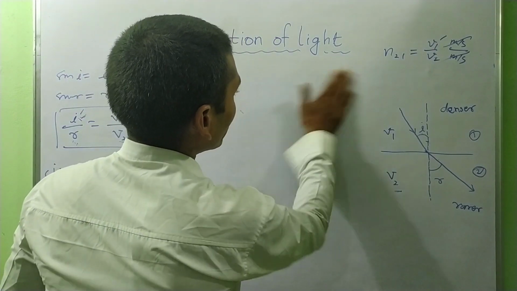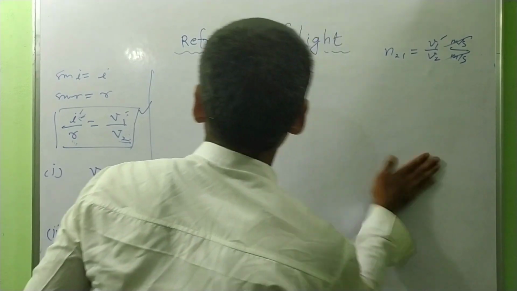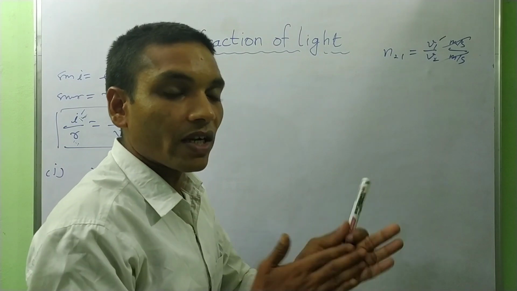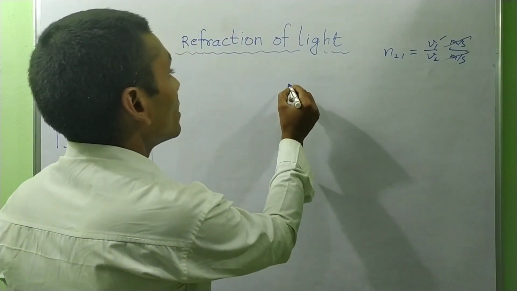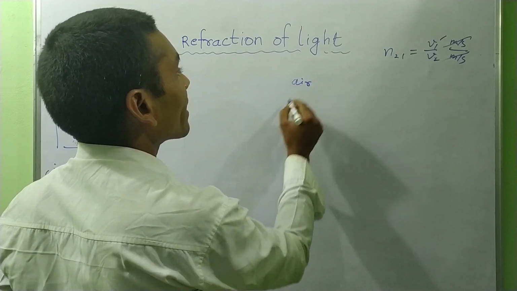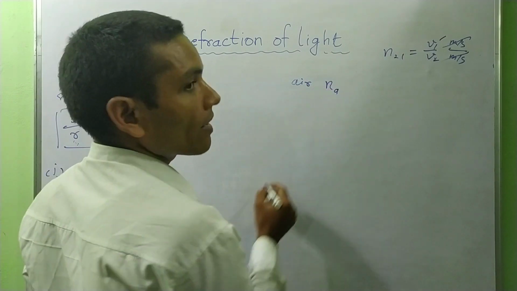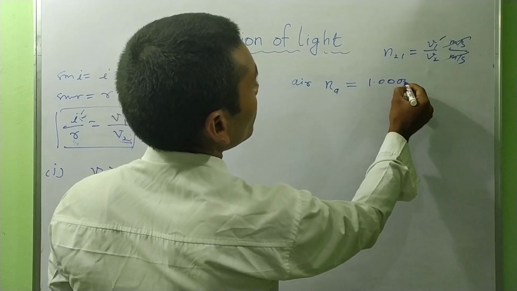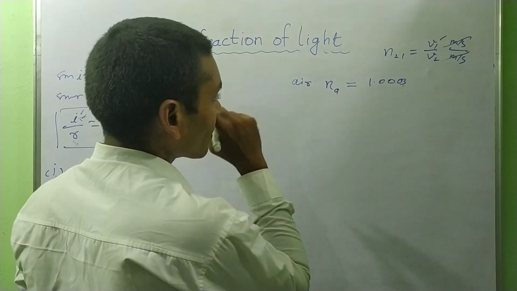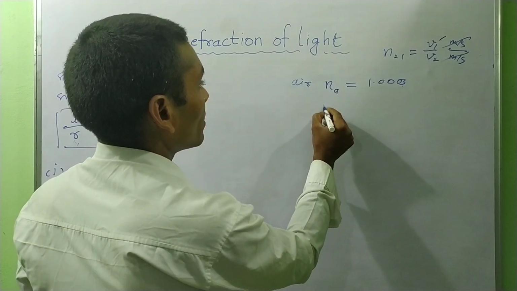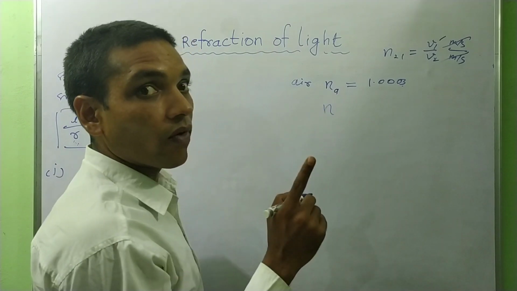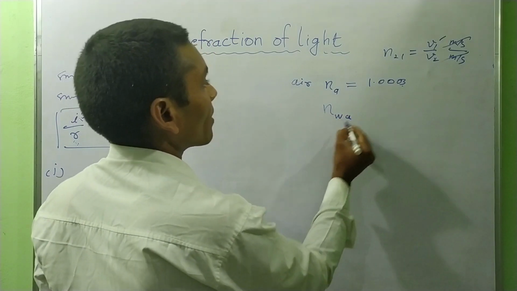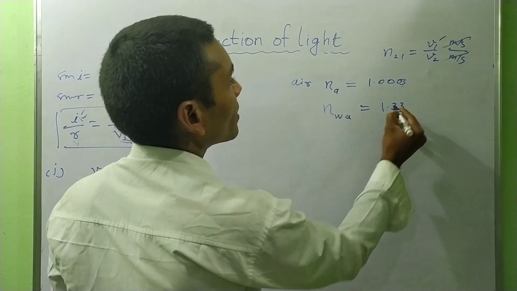Now, the refractive index in different mediums is different, so we will discuss the numerical values of refractive index of different mediums. The refractive index of air, na, is equal to 1.0003, and the refractive index of water, nw, with respect to air is 1.33.